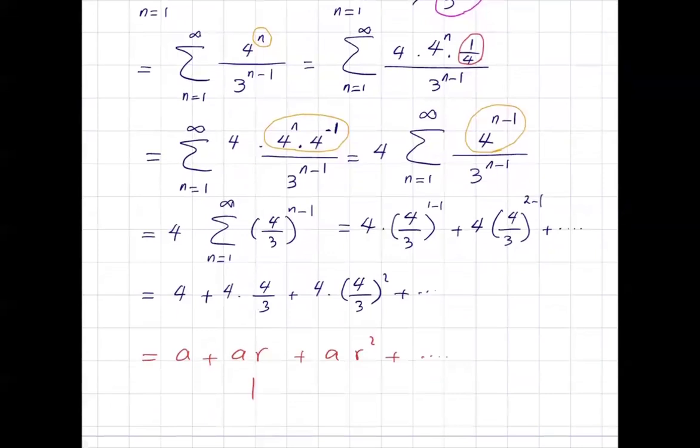And as long as your R is bounded between 1 and -1, then the series is convergent to A over 1 minus R. But unfortunately for us, our R here is 4/3, which is more than 1, so the series is divergent.